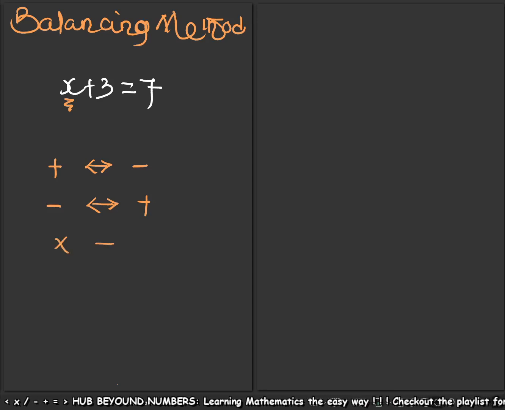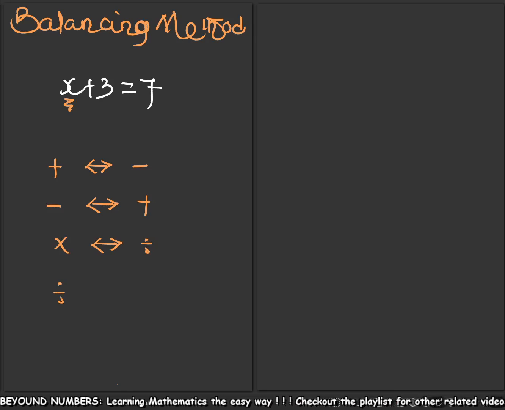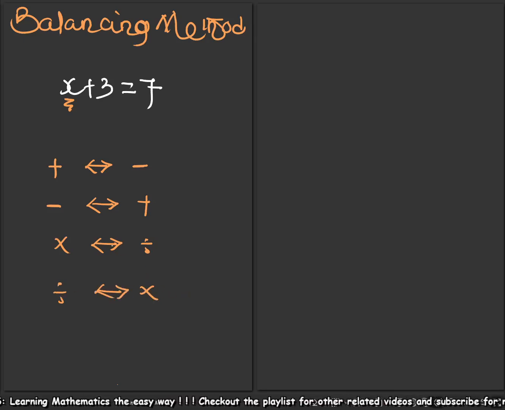That of multiplication is division, and that of division is multiplication. So these operations undo each other so that you'll be able to isolate your variable. Let's put this into practice and actually see what we are talking about.